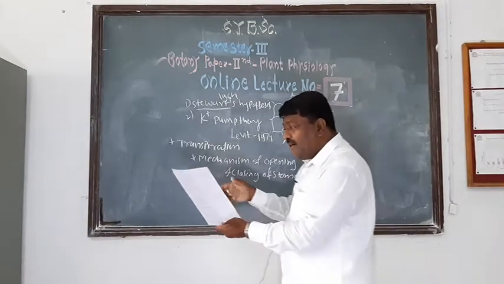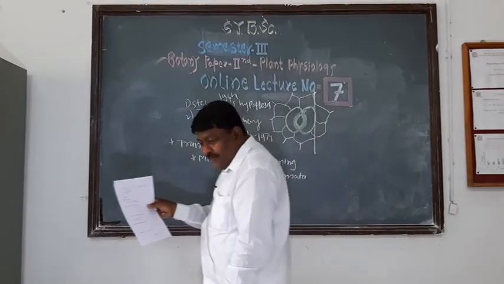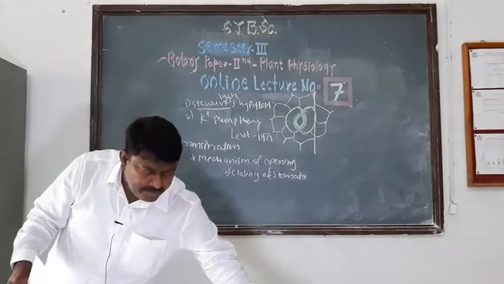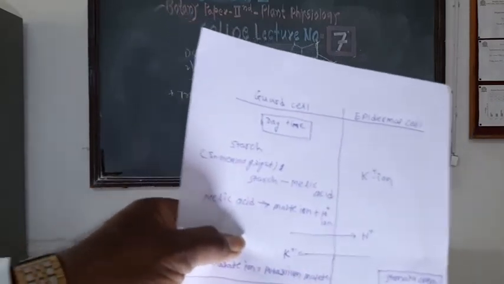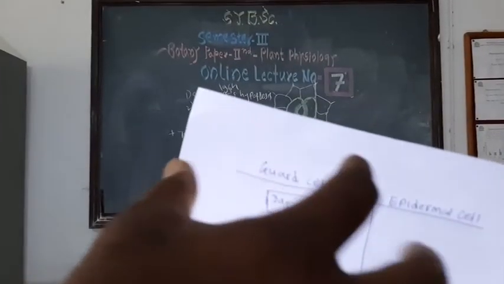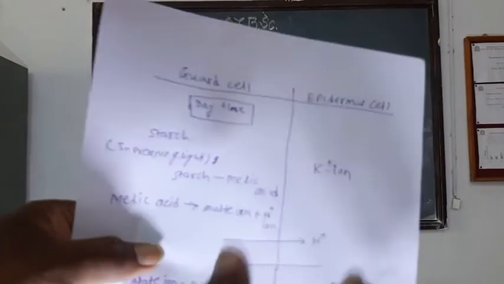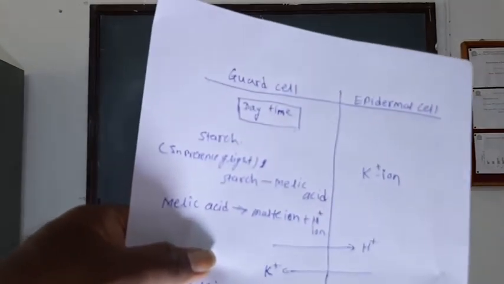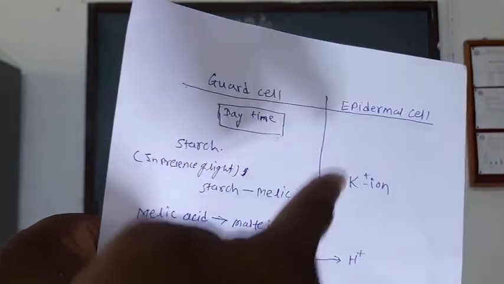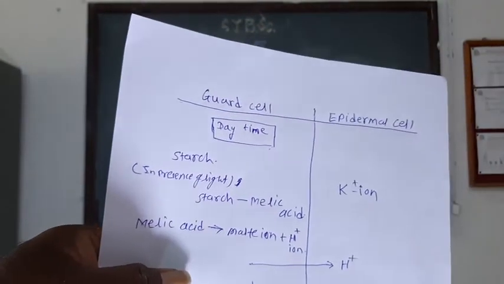Then what happens in the guard cell and what happens in the subsidiary cell? See, this part is of the guard cell and this part is of the subsidiary cell.